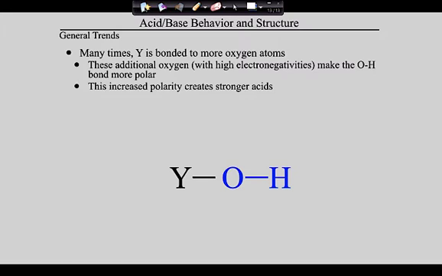Tag another oxygen onto there. Now we get really interesting drift going on, because this oxygen can actually pull on those electrons, and that can further polarize that bond and create substances that are acidic.